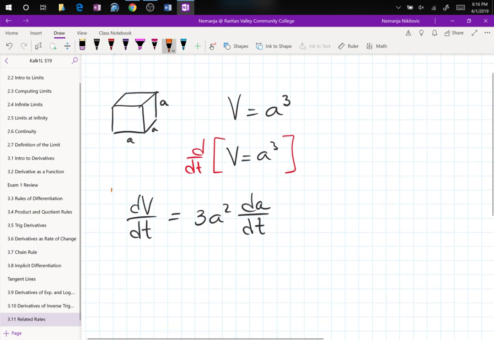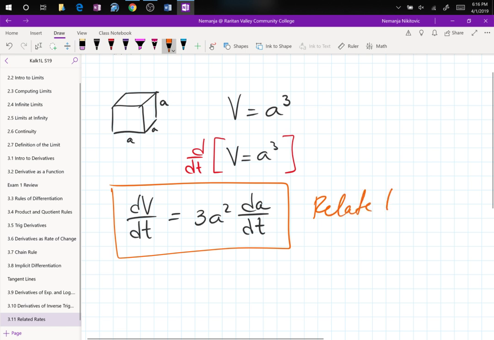Now this particular formula here will be called the related rates formula. And it's a model which tells us the relationship between the shrinking volume and the shrinking side.